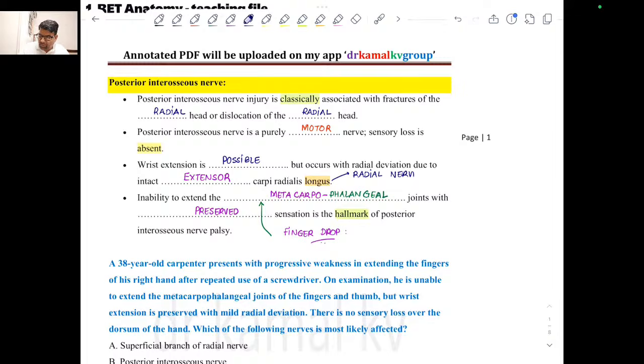Therefore we can see slight dorsiflexion of the wrist, although there will be some radial deviation. So it will not be a clear-cut wrist dorsiflexion. There will be slight radial deviation as well because of the action of ECRL, the extensor carpi radialis longus, which is supplied by the radial nerve. So this in short is what you need to remember for the posterior interosseous nerve.